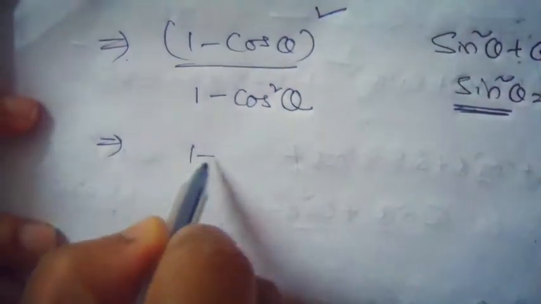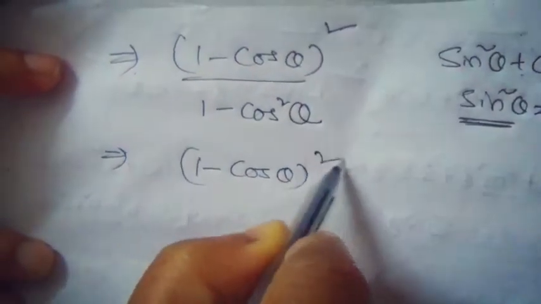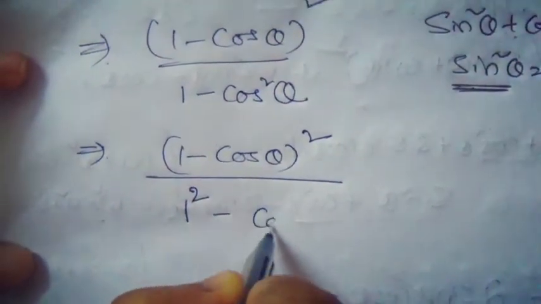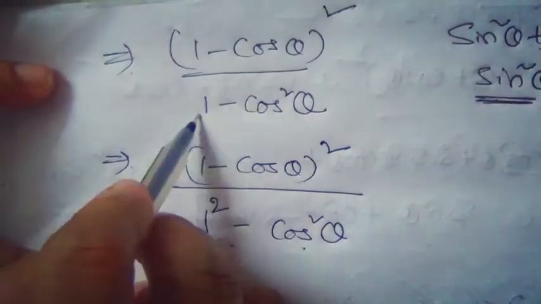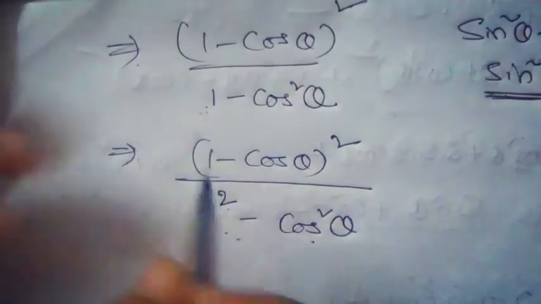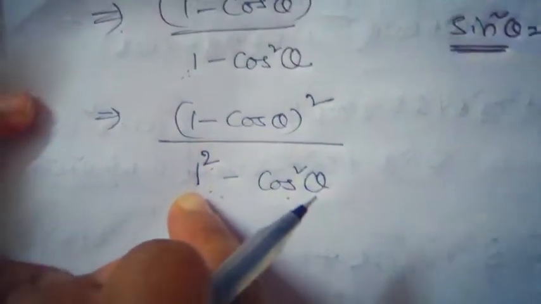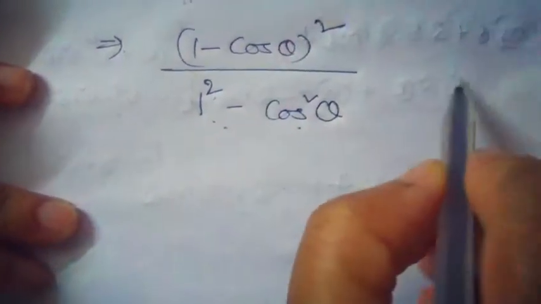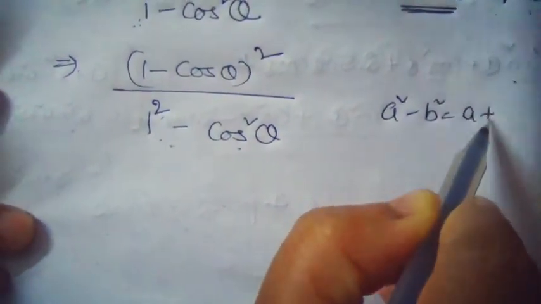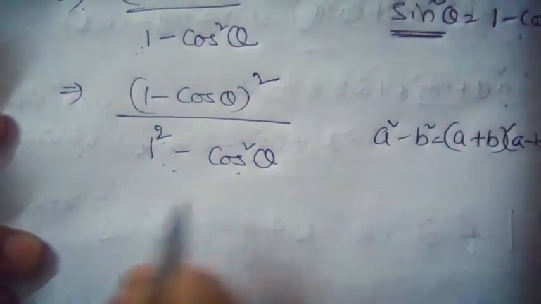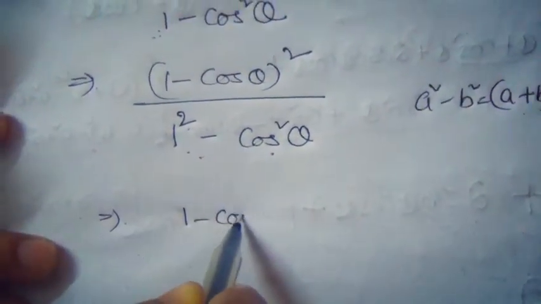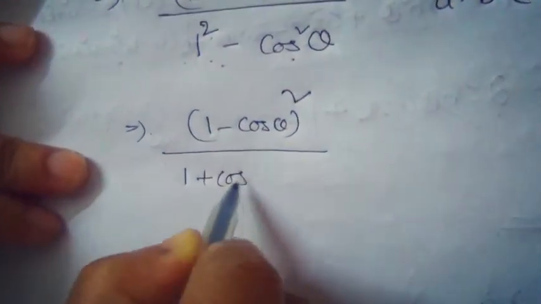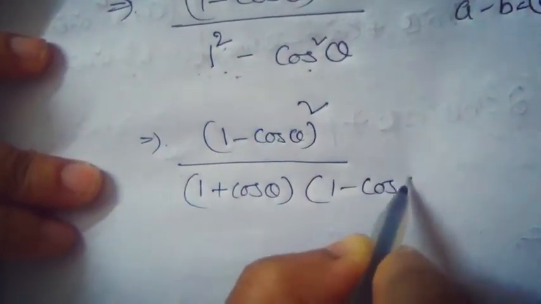In the next step, just for convenience, I am writing this 1 as 1 square. It is in the form of a square minus b square. The a square minus b square formula is a plus b into a minus b. That implies 1 minus cos theta whole square by 1 plus cos theta into 1 minus cos theta.